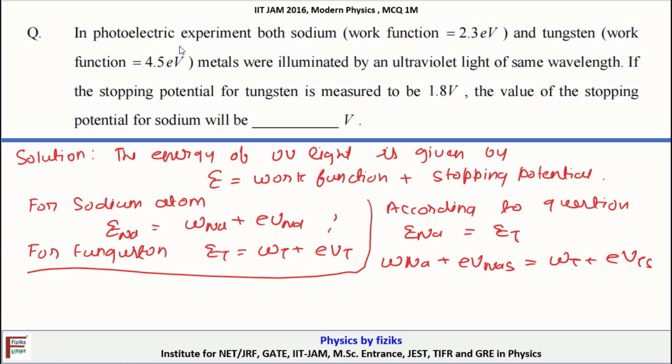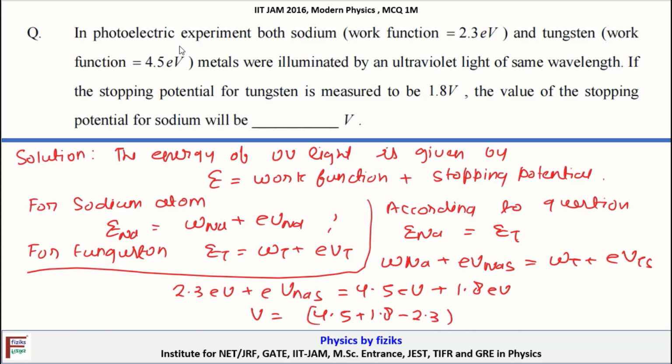So here W_Na is 2.3 electron volt plus eV_Na equals W tungsten, which is 4.5 electron volt, plus 1.8 electron volt. So V would be 4.5 plus 1.8 minus 2.3 volt.